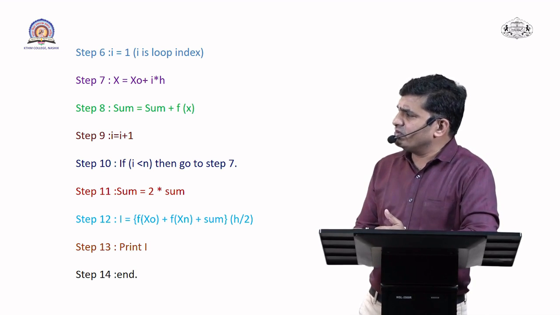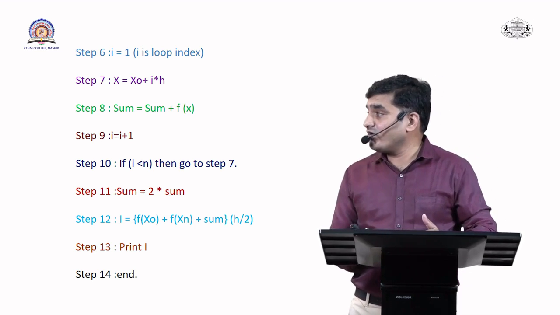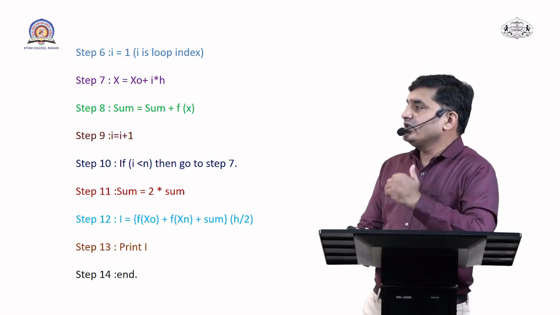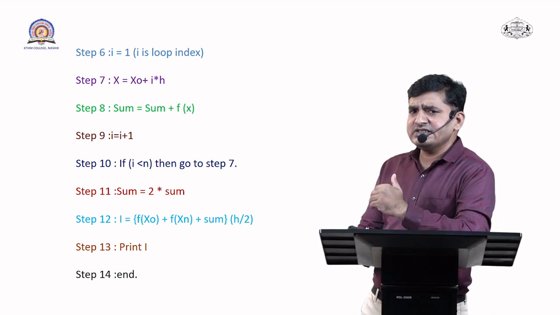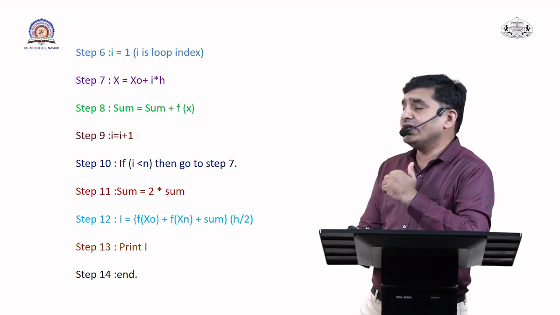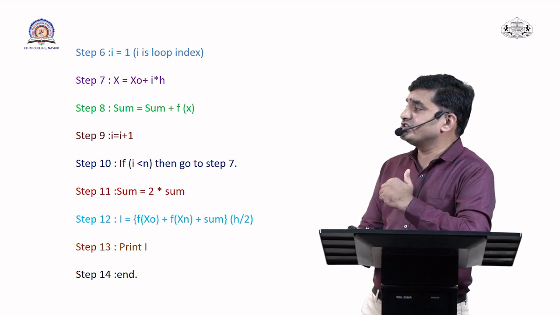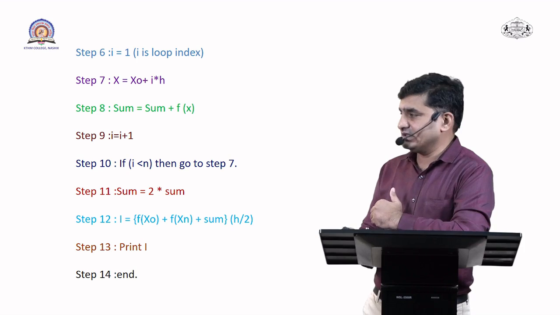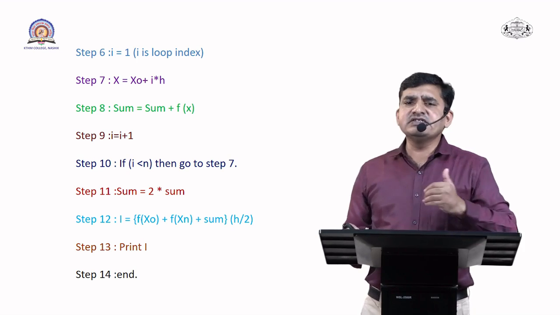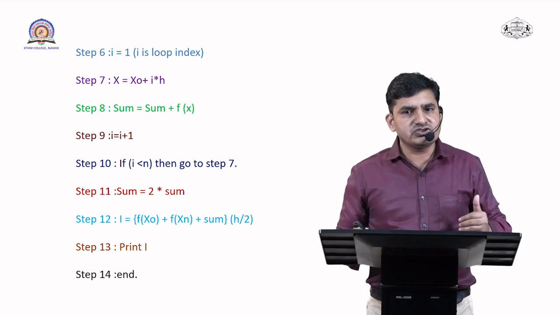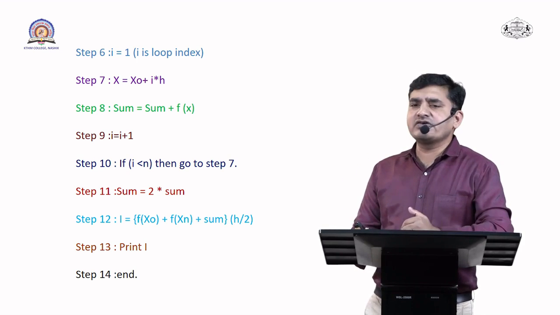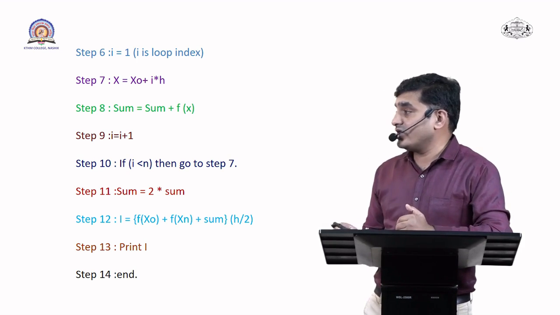Then sum is equal to sum plus f of x. Here we initialized sum as 0, and therefore sum is equal to 0 plus f of x. Then i is incremented by 1, so we use i is equal to i plus 1.